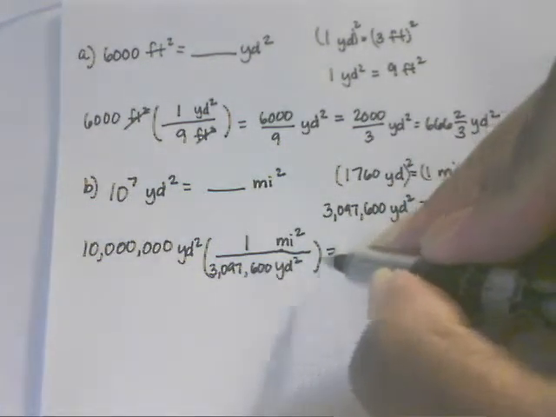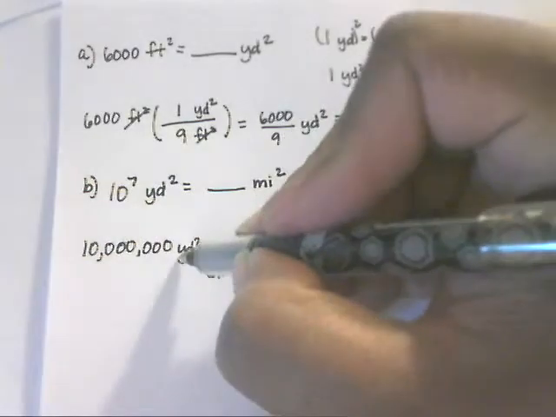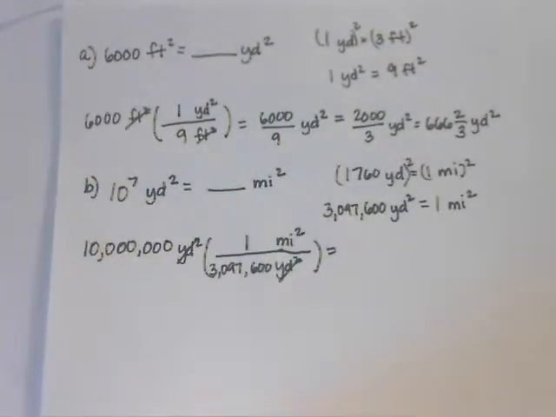Okay, so now you'll see that the square yards divide out. So now you're going to do 10 million divided by 3,097,600. Now we're going to round to 2 decimal places.